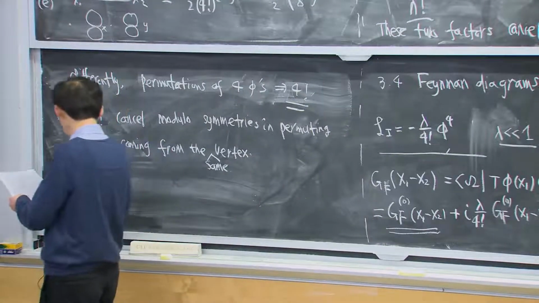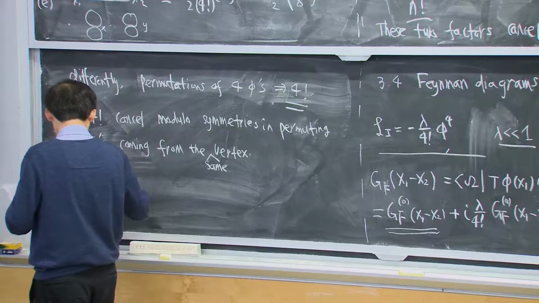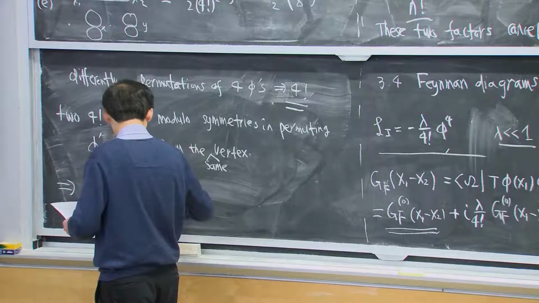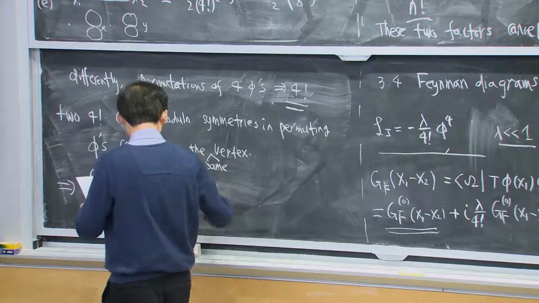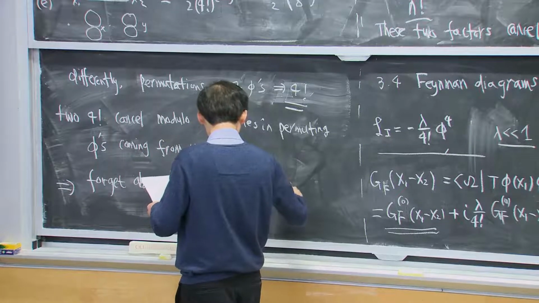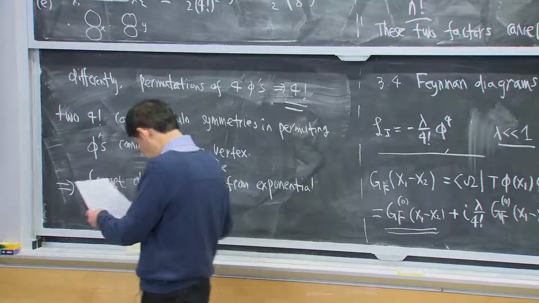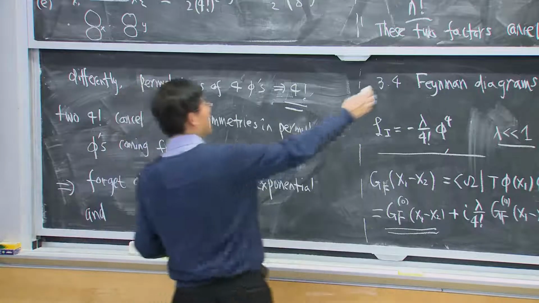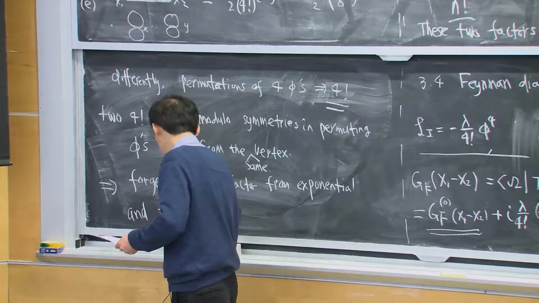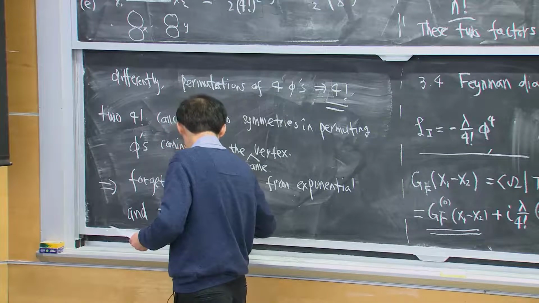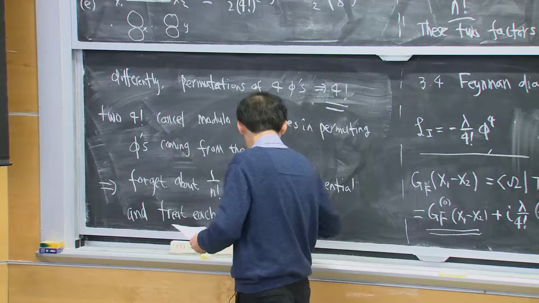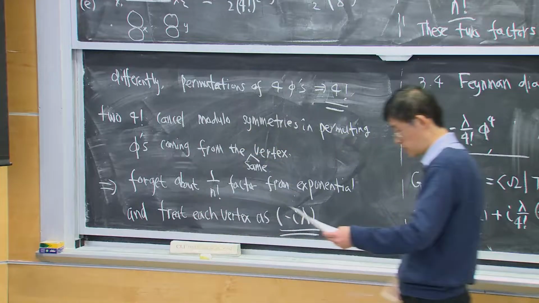So we can forget about the n factorial factor from the exponential, and we also forget about this 1 over 4 factorial, and treat each vertex just as a factor of minus i lambda.